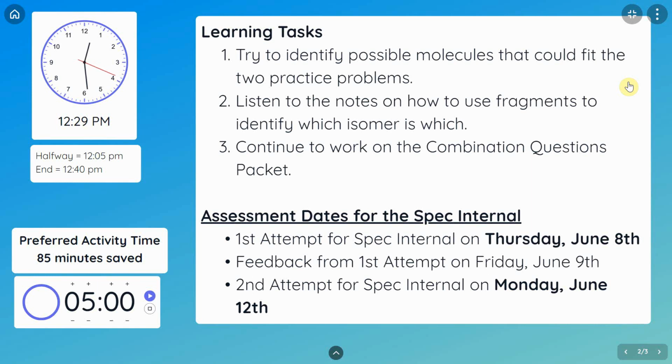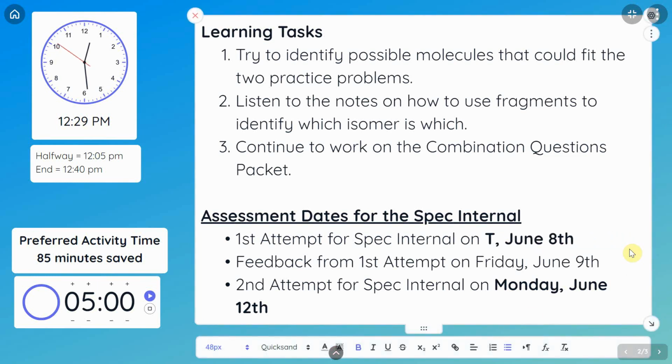And I think we can do the first attempt for the spec on Thursday if you guys feel okay with it. Or do you guys feel like you need another day in class practicing with me? Another day in class? What do you guys feel on the side? You're okay? What about? So you want me to shift the first attempt to Friday next week? Yeah, I don't mind shifting everything by a day. Okay, so that's what we'll do. We will shift the first attempt of the spec internal to the Friday.